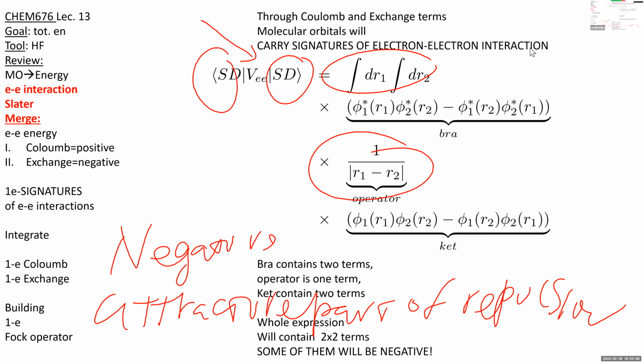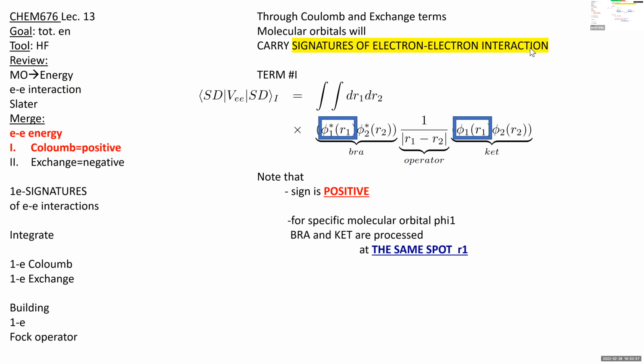Now I'm going to open brackets. So if you were sleeping, please wake up. We do have another 7 minutes where I will try to make them really intense. So term number 1: main diagonal in bra, main diagonal in ket. First electron in first orbital, second in second, first in first, second in second.